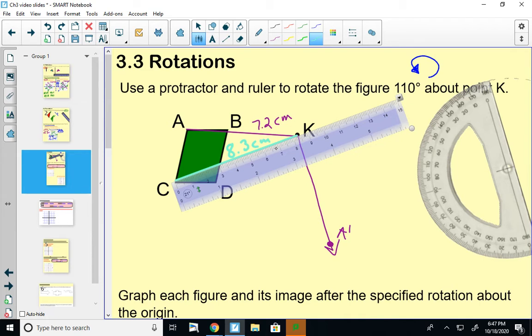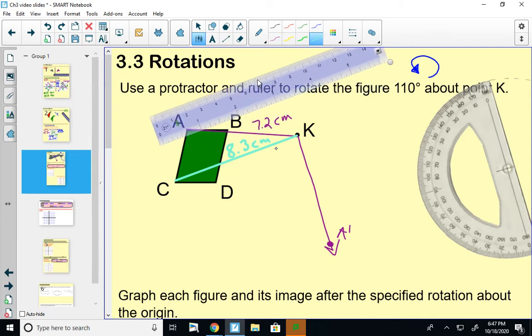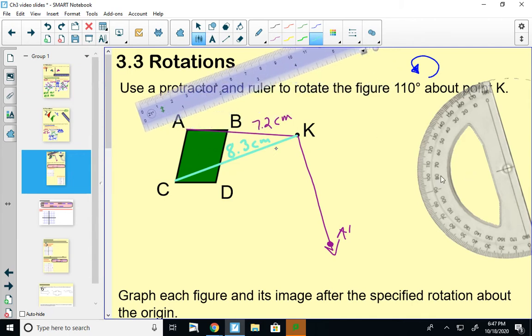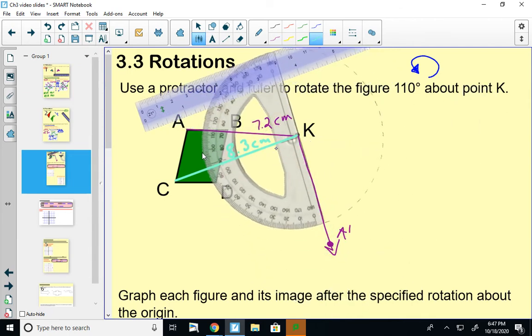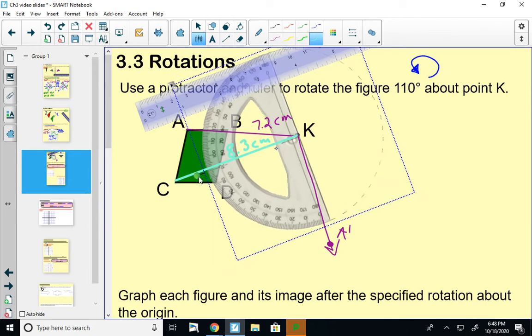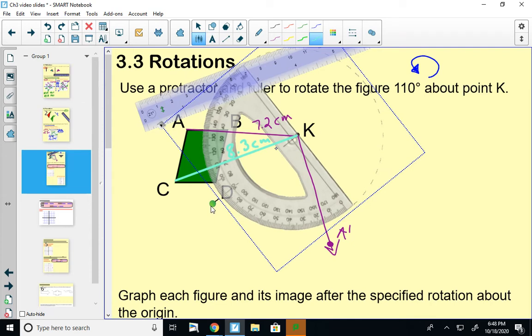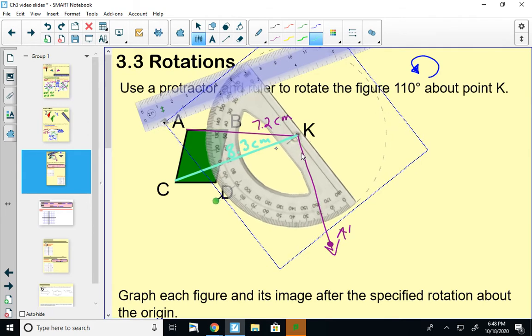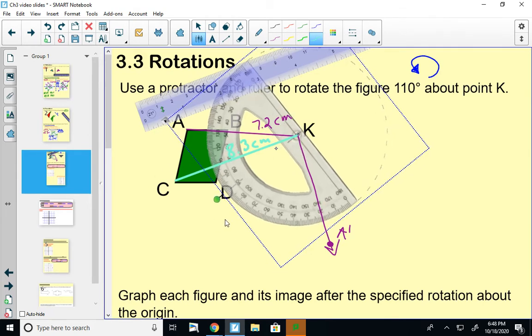Then I'm going to use my protractor to draw a 110 degree angle. So use point K as your reference. Gonna have to rotate this to be on 110 degrees. Actually slide this back a little bit. Then use the bottom of your protractor to finish off that angle.